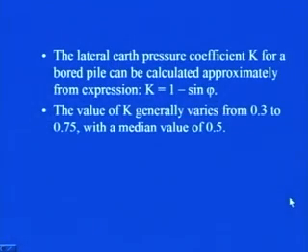The value of K generally varies from 0.3 to 0.75 with a median value of 0.5. So, you see it was 1 to 3 in case of driven piles, however, it is 0.3 to 0.75 in case of bored piles. Such a large difference results in more load carrying capacity in case of driven piles.